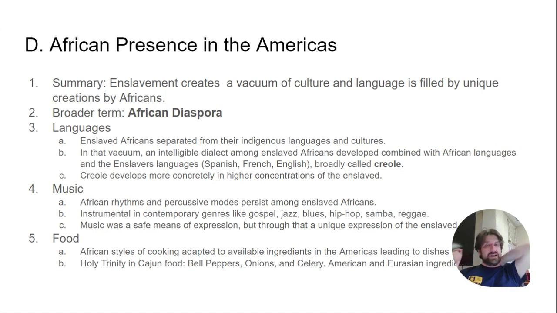So Creole is a fusion of this enslaver and colonizer's language with the African languages that these people had. And so they'll have Bantu languages, they'll have Arabic as a part of these Creole, as well as Spanish, English, French, or Portuguese.